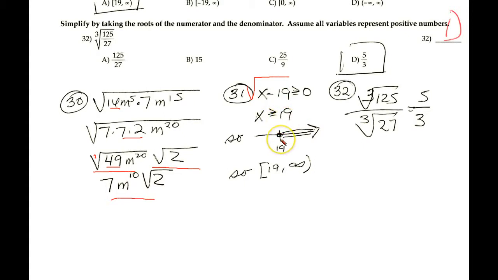On a number line, it would look like this. In interval notation, it looks like this. And that's your answer. And here they just want us to simplify by taking the cube root of our numerator, cube root of our denominator. I guess you ended up with a real easy one for the last 5/3.